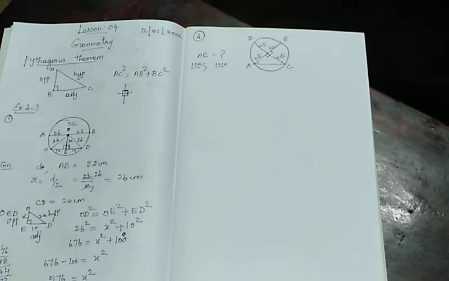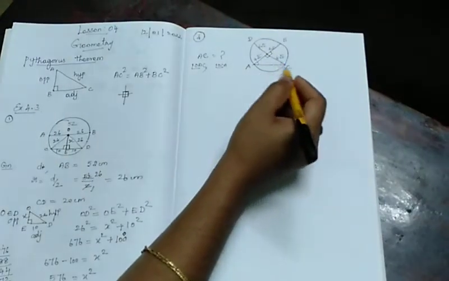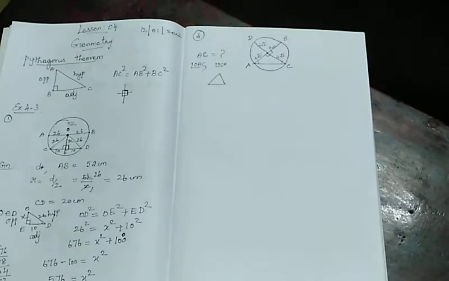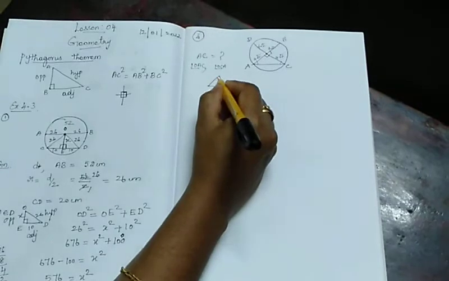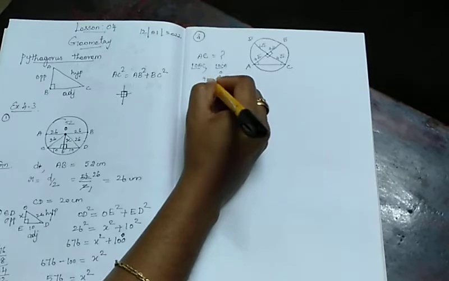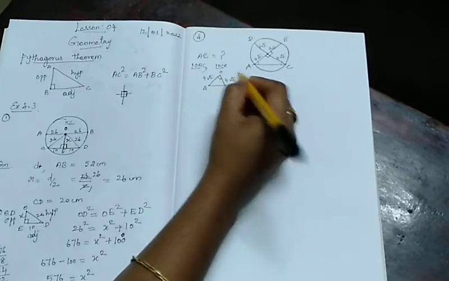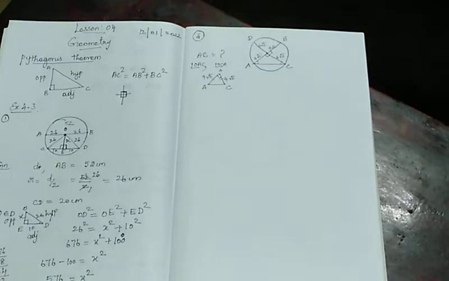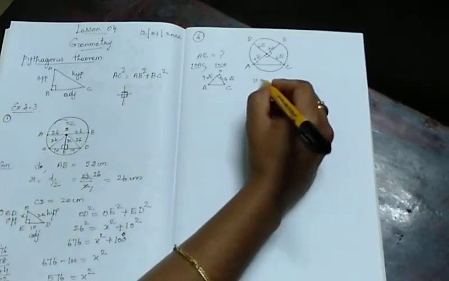Let's find. Now in this picture you got a triangle, right? So one angle is 90 degree. So OA and OC are 4 root 2. Two sides are equal. If two sides are equal, then the triangle is called an isosceles triangle.